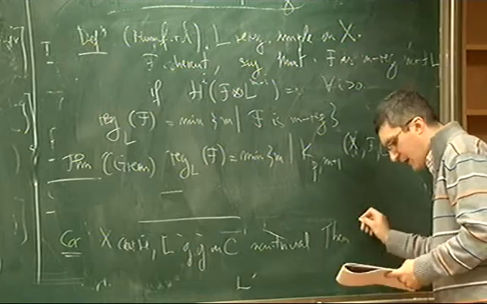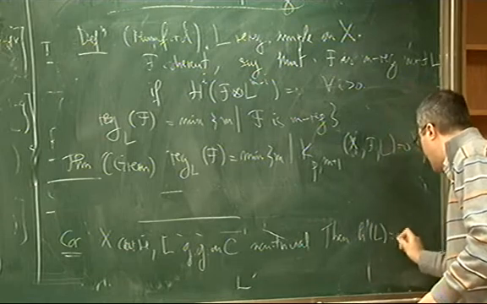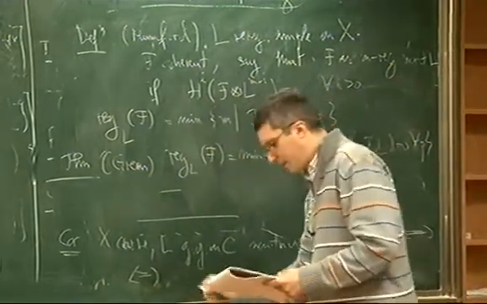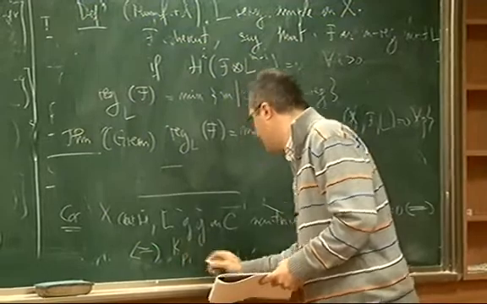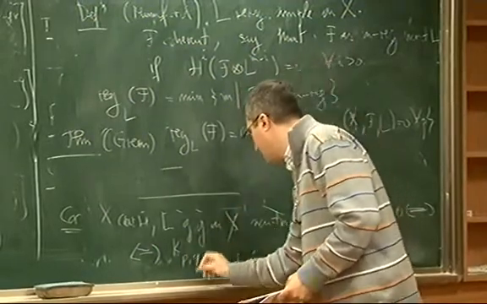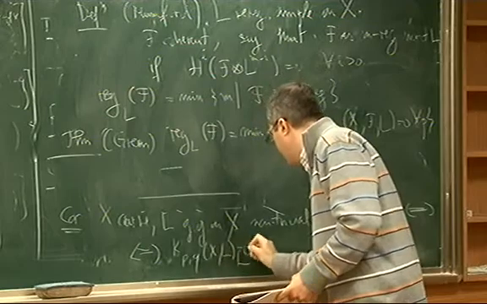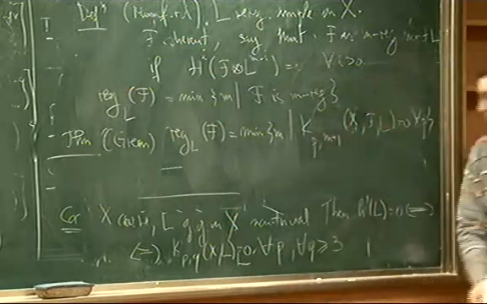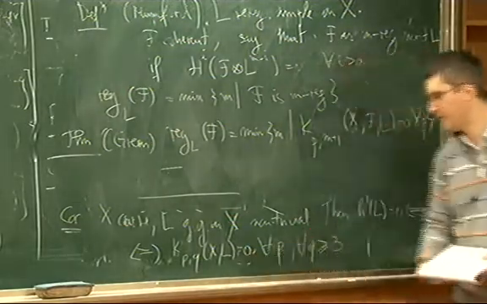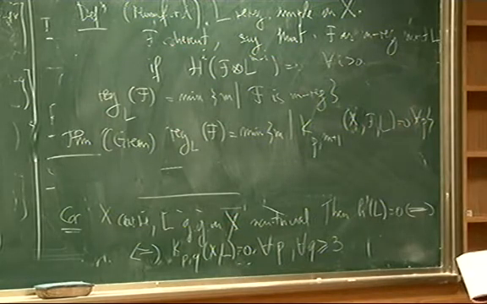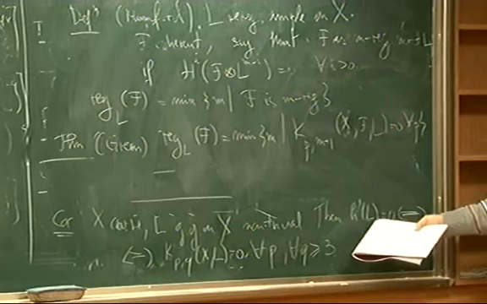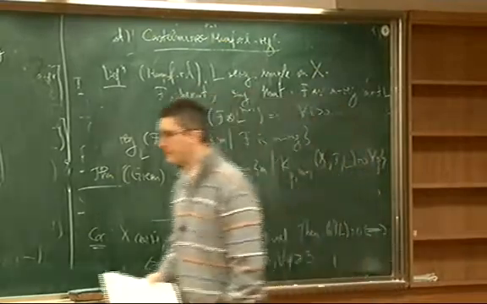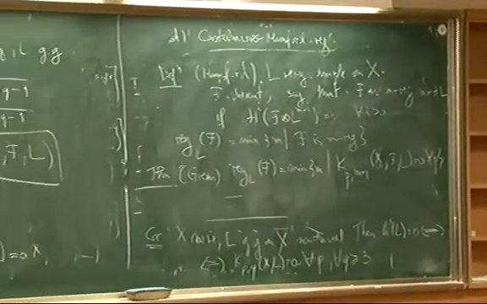Then H^1 of L is 0, so L is non-special, if and only if K_{p,q}(X, L) is 0 for any p and any q bigger than or equal to 3. This is just the definition of regularity. Being non-special means that it is 2-regular, and it's basically the same.